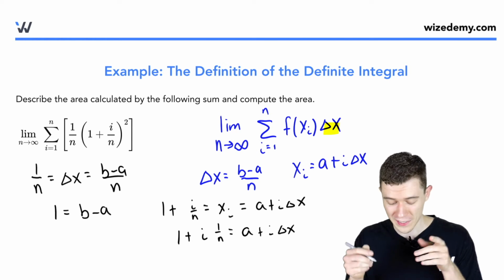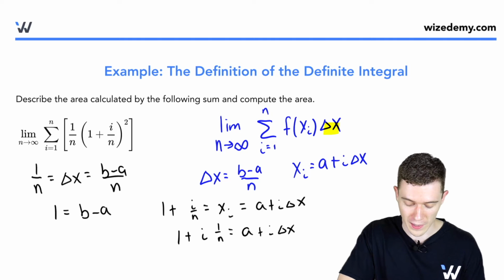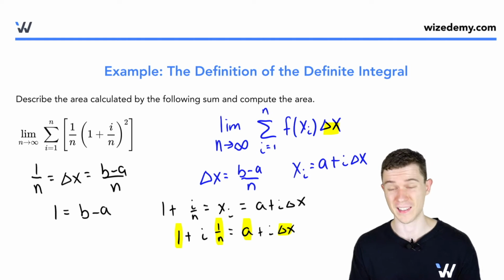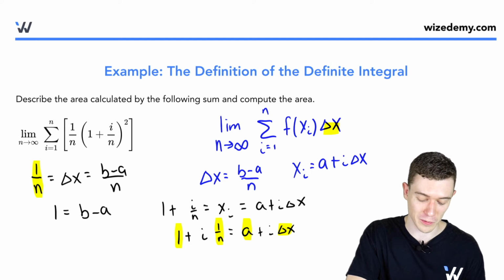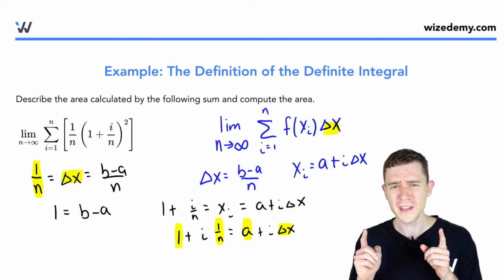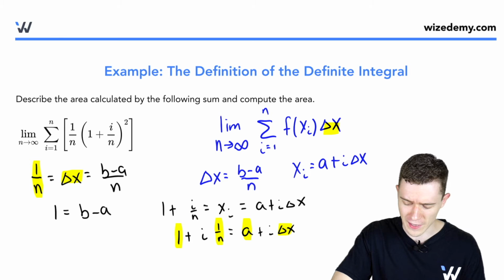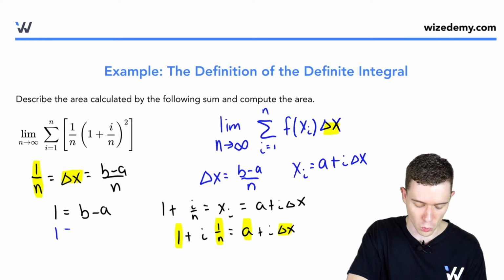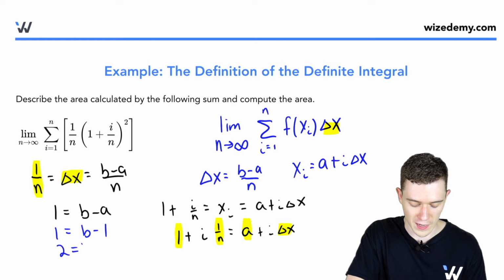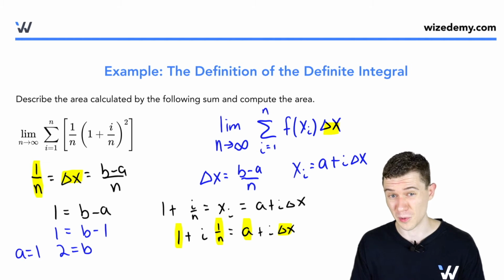Because it sure looks like if we match things up, 1 should be a, 1 over n should be delta x. And we already said 1 over n was going to be delta x. So let's go with this. 1 is a, so this now says 1 equals b minus 1, or that b equals 2. a equals 1, b equals 2.